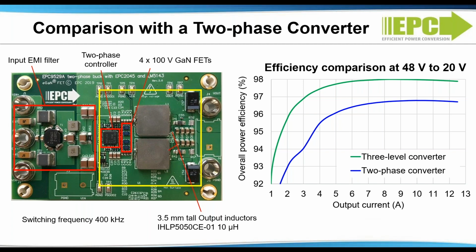Because it's a lower value inductor, the corner frequency, or basically the transient response, is about twice as good. So you really get the transient response of an 800 kilohertz circuit in the multi-level converter compared to the 2-phase, where you really have the transient response of a 400 kilohertz converter.